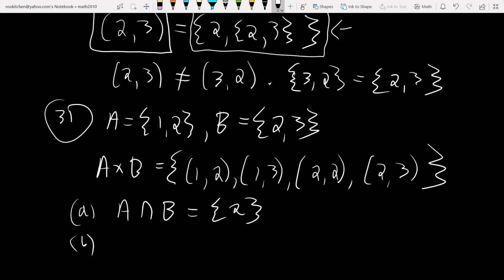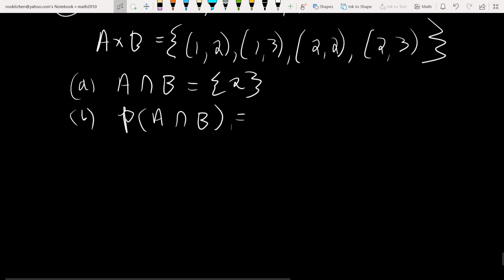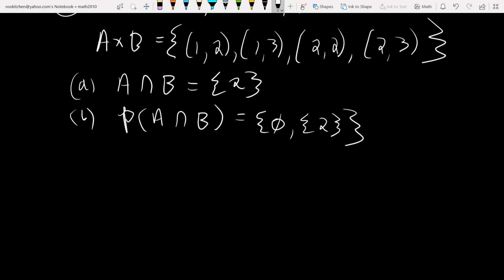Part B. What's the power set of A intersect B? That's a set that contains the null set and the set that contains whatever's in A intersect B. Okay, so 2 to the 1, right, is the number of things in the power set, and in this case there's 2 things there.